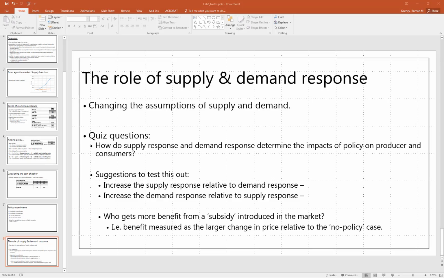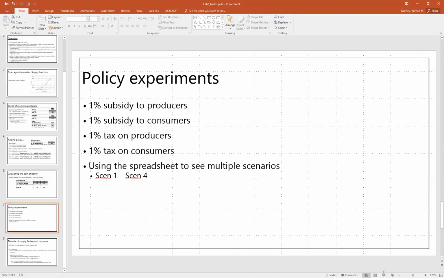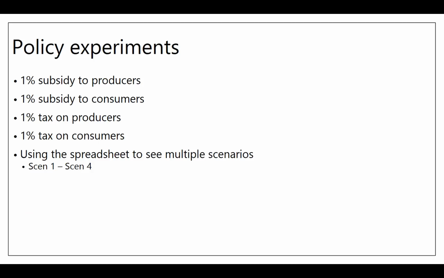Yeah, so, sorry, let me back up here. In addition to this scenario 1 through scenario 4, which you can just keep making new columns, remember we've already done the column we just titled counterfactual, the first of these policy experiments. But do these next 3, and I'll show you how to set those up in just a second.